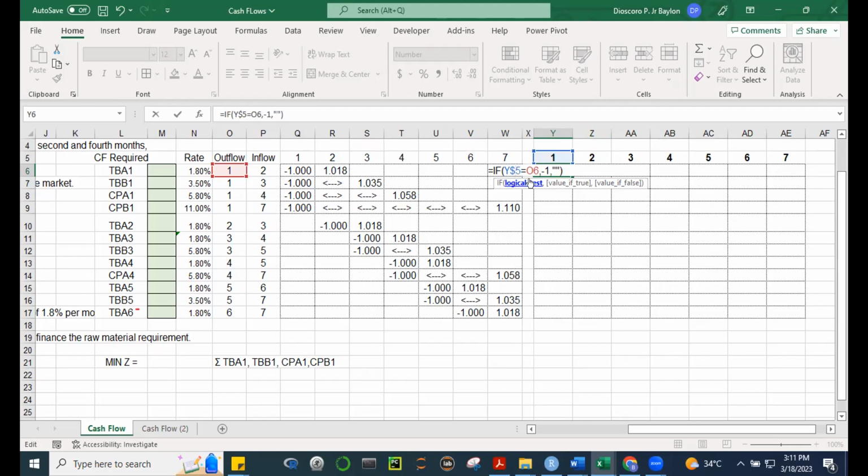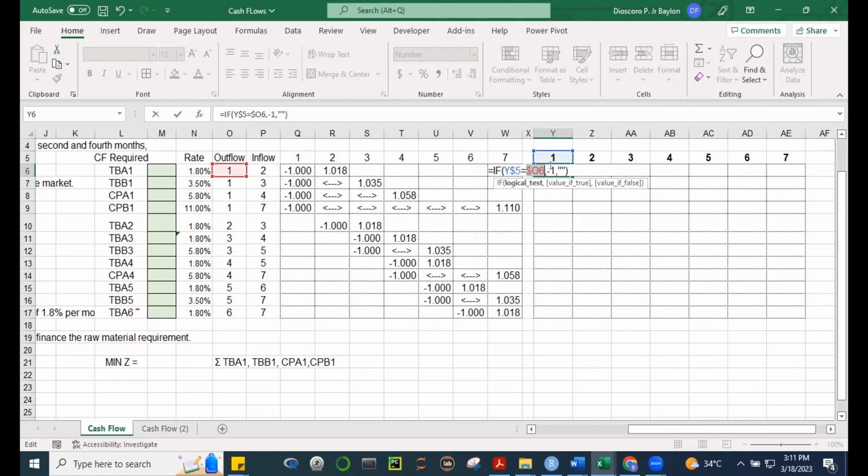Okay, how about O6? We're testing whether that particular cell is an investment, because it will have a value of -1, right? So the test, we know it will be an outflow through this column O. And we don't want that O6, if we copy it to any other cell, we don't want the column to move, because the test for the outflow is here at column O. Therefore, this should be F4.